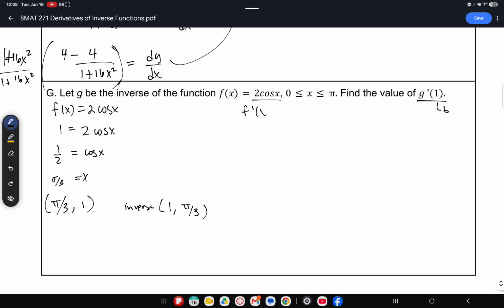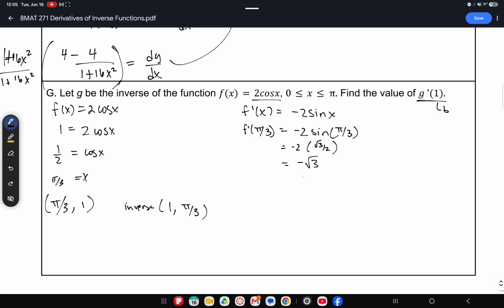So f prime of x is negative 2 sine of x. I can substitute in the point, pi over 3. So negative 2 times sine of pi over 3. Well, sine of pi over 3 is square root of 3 over 2. So I'm left with just negative root 3. Remember, inverses have reciprocal slopes.